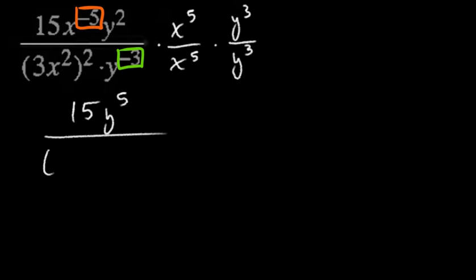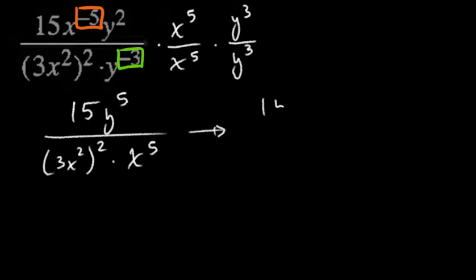And then my denominator, I've got a 3x squared, and I'm going to square that, and I'm multiplying that now by x to the 5th. Okay, so my negative exponents are gone for now. Let's go ahead and deal with this 3x squared squared. So there's two of those, so it's going to be a 3 squared, which is 9, and x squared squared, which is x to the fourth.